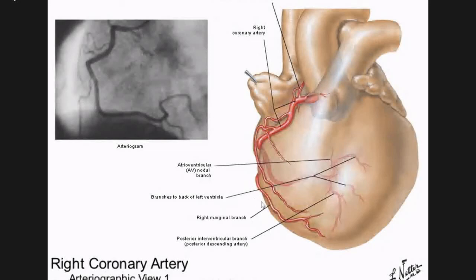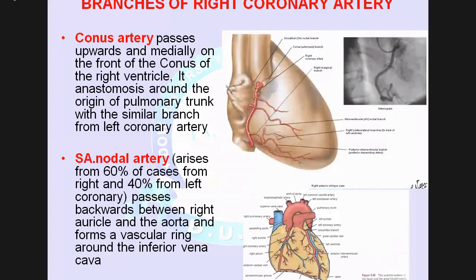You can see the right marginal artery over here. In about 60% of the cases, the conus artery comes from the left coronary artery.